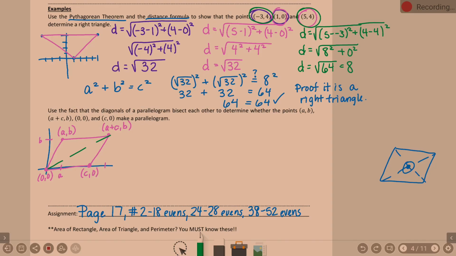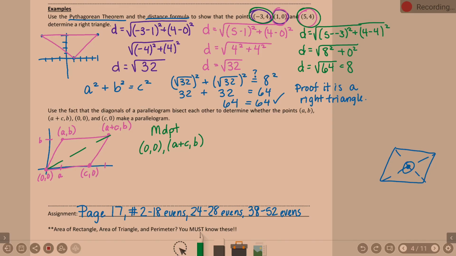We try and find this first midpoint. What am I finding the midpoint between? 0, 0, and a plus c comma b. So let's find the midpoint of 0, 0 and a plus c comma b. How do we do midpoint?